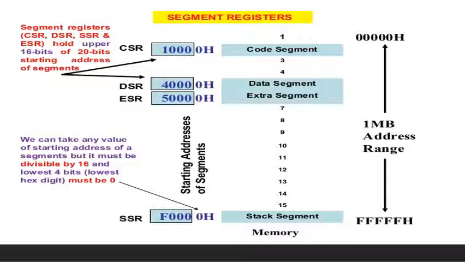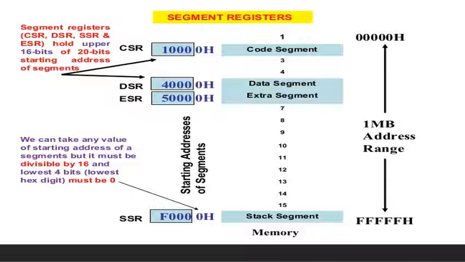The code segment is used for storing the instructions. The stack segment is used as a stack and is used to store the return addresses. The data and extra segments are used for storing data bytes.